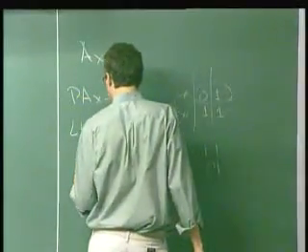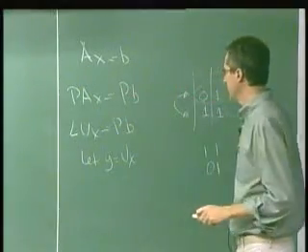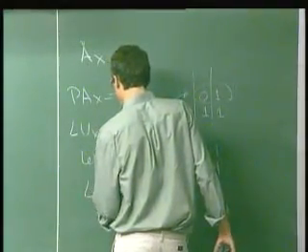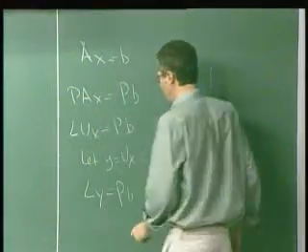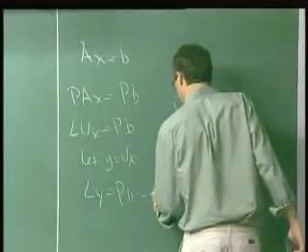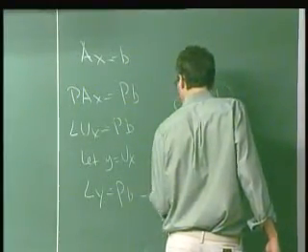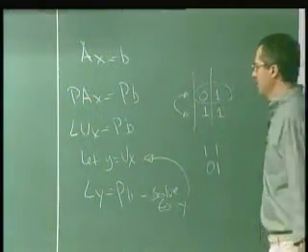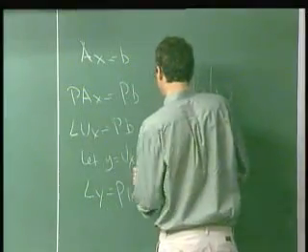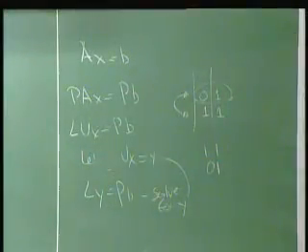And now I can solve this with the following. I can let y equal U times x, which I don't know how to solve yet. But now I have Ly equals Pb, and that's a sparse lower triangular system. I can solve this for y, then plug it in and solve Ux equals y for x, and we're done.